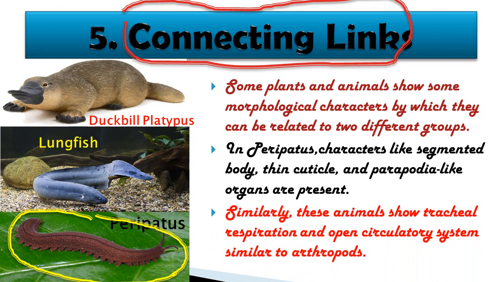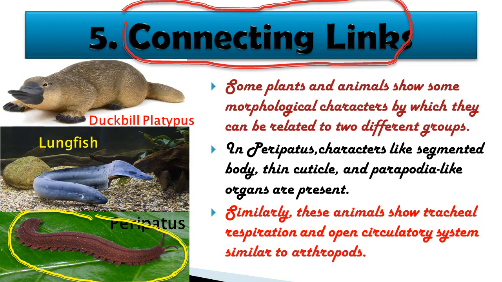Arthropods have tracheal respiration and an open circulatory system for the circulation of their fluids. Arthropods include insects like butterflies, crabs, etc. So peripatus shows characters similar to arthropods and insects.